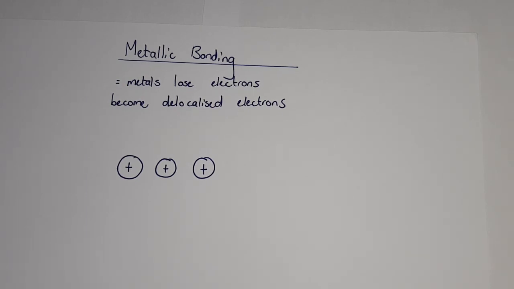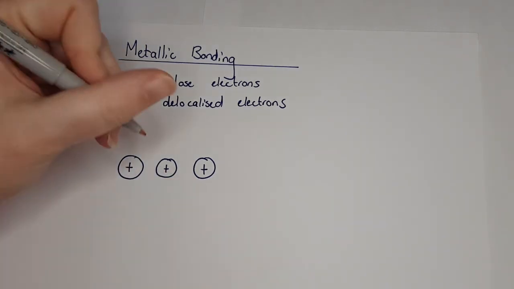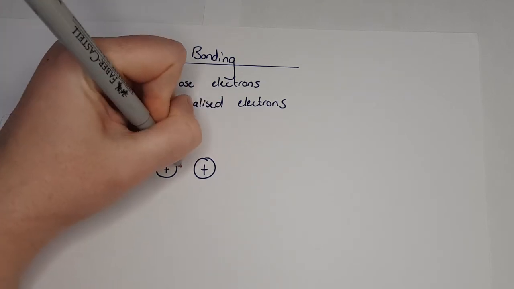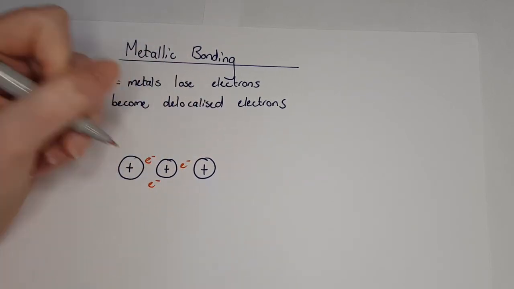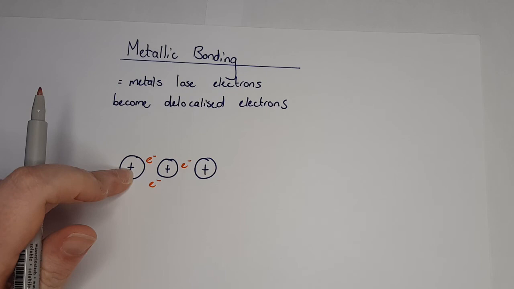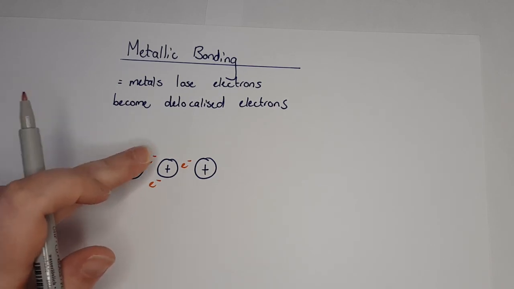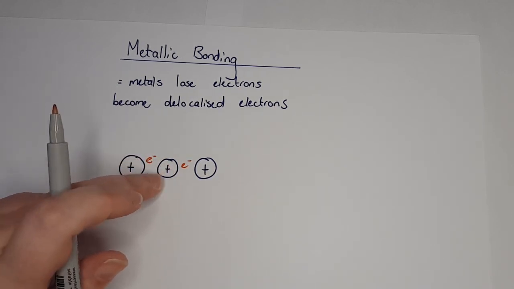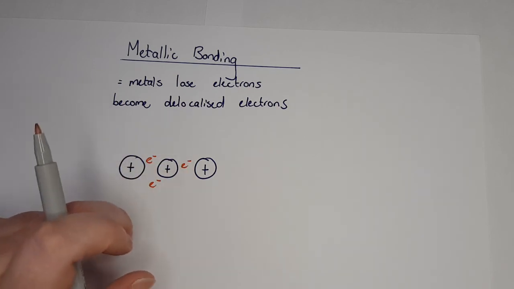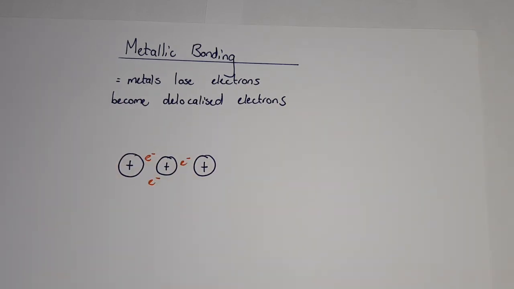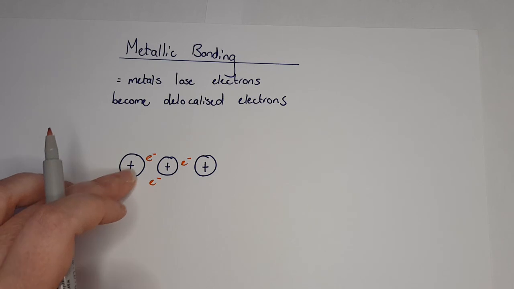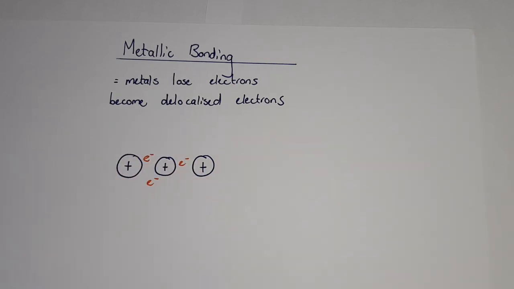So it loses electrons and it becomes positive ions. So those electrons then become free. So if it loses 1 electron, it gets a 1+ charge, and there's 1 free electron per atom. If it loses 2 electrons, then it becomes a 2+ charge, and it's lost 2 electrons per atom.